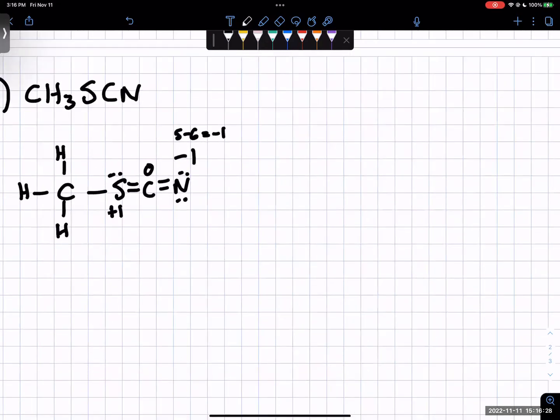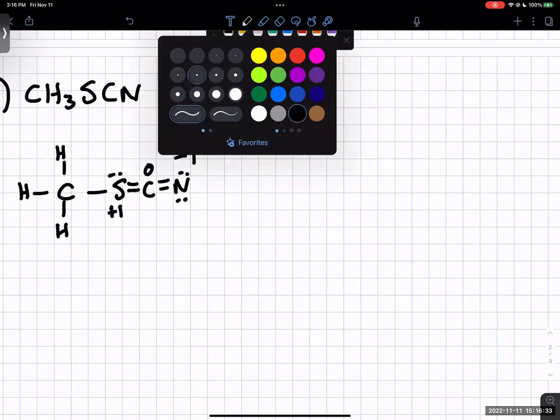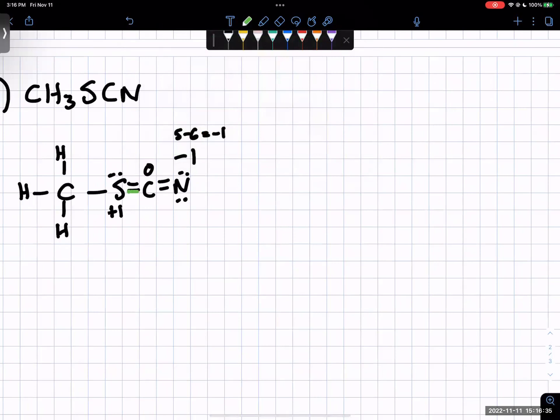Now, what if we decided to do something like, I'm gonna color code my electrons so you can follow where my electrons are flowing. Let's go ahead and pop this. If we're gonna break a bond and form a lone pair, then we have to take a lone pair and form a bond, right? So we can pop this bond onto the sulfur. And we can go ahead and take one of these lone pairs on the nitrogen and pop it into that little area to form a triple bond.